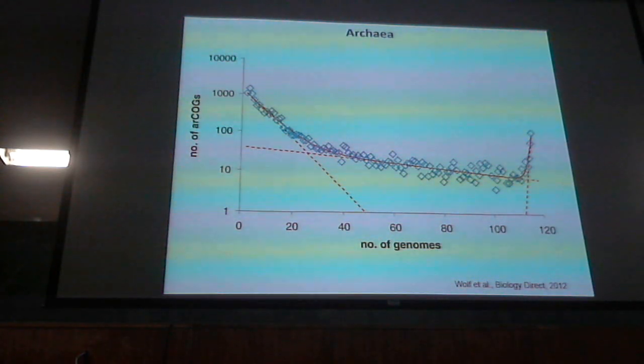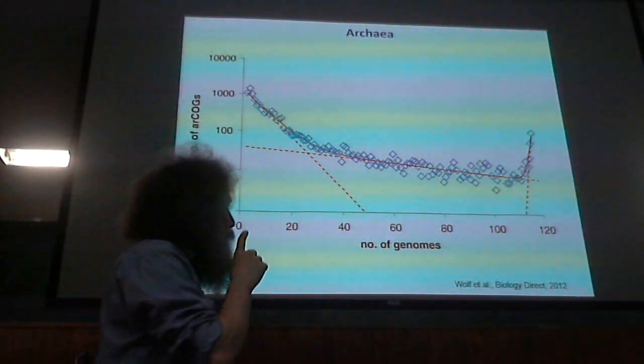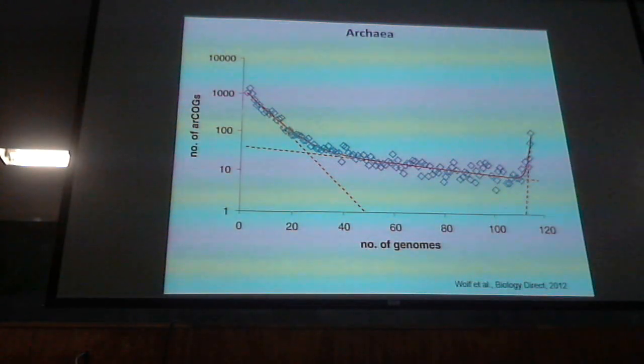Yes, as I told you, you can construct the same plot for any group of strains. For instance, this is the U-plot of all archaea.